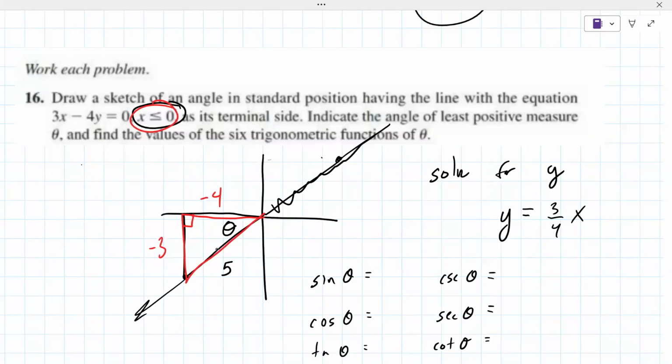Sine would be -3/5. Cos would be -4/5. And then tan would be 3/4. And the other ones are the reciprocals. It's really important that you write the reciprocal one next to it and not get them in the wrong place. So then it'd be -5/3, -5/4, and then 4/3.